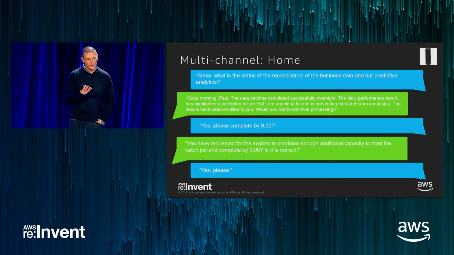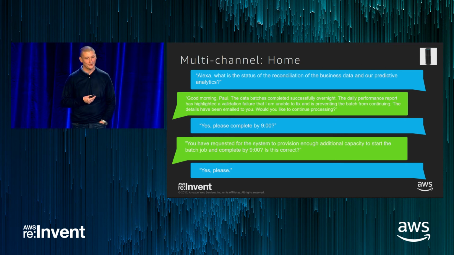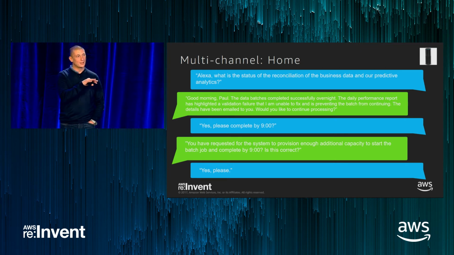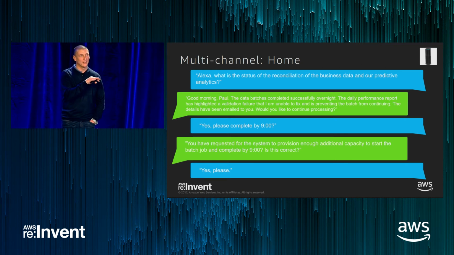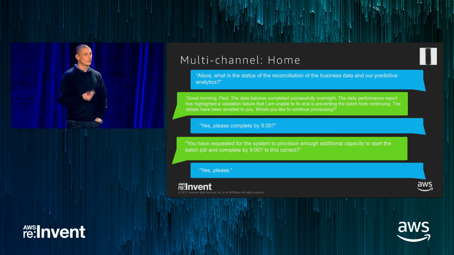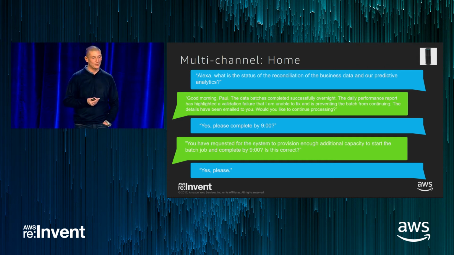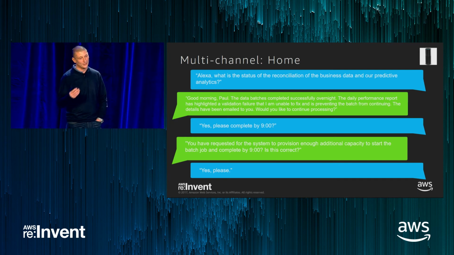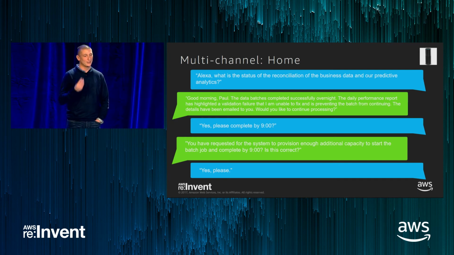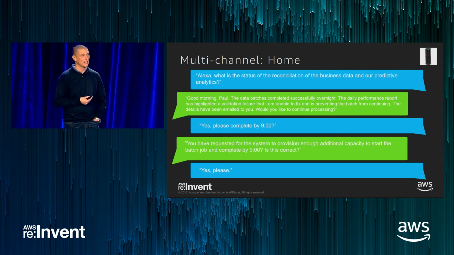So if you think about slightly more complex phrases, we will try it and see how the mic picks up when we run it in a minute. I'm going to run this through Connect rather than Alexa, but what it's going to do is ask me, what is the reason for your call? I'm going to initiate, I want to understand the status of the job, and then it will confirm the job that ran overnight, that it failed, and will ask me, do I want to take a corresponding action?